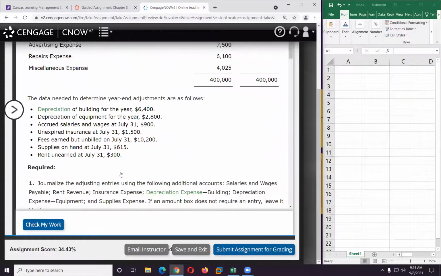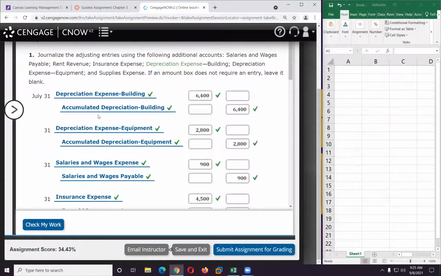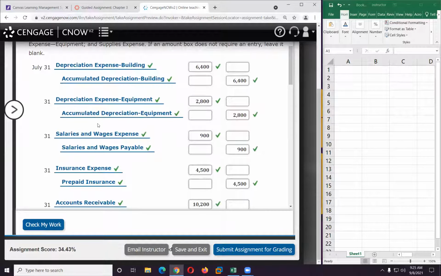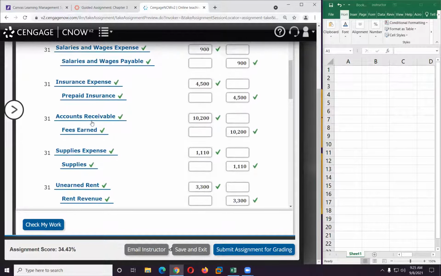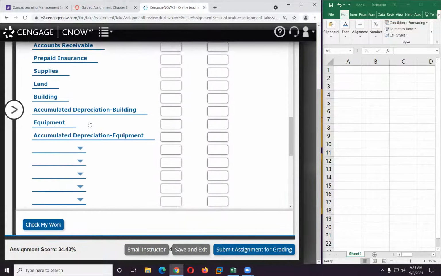And then I'll probably want to look at my adjustments and see if there were any asset accounts that were added during that process, and there weren't. Okay, so that's all of my asset accounts right there.